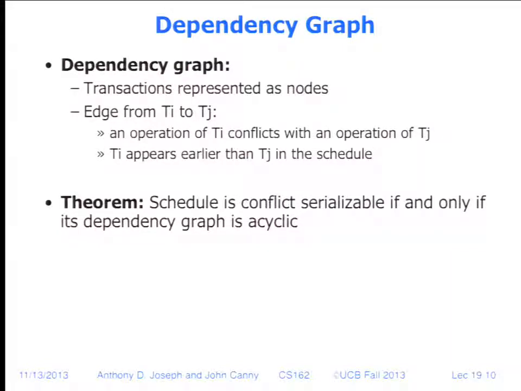If there is such a conflict, it means you can't push that specific operation to the other side. It means basically Tj always has to come after Ti in any feasible ordering. So therefore, if there's no cycle, then you can come up with an ordering of transactions, and all of the conflicts will be in the same order, and therefore it'll be serializable. It's an if and only if condition.